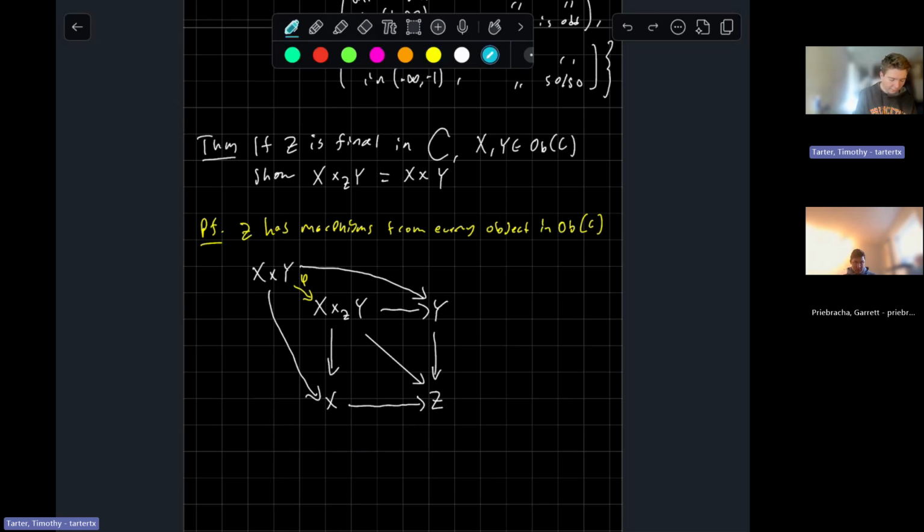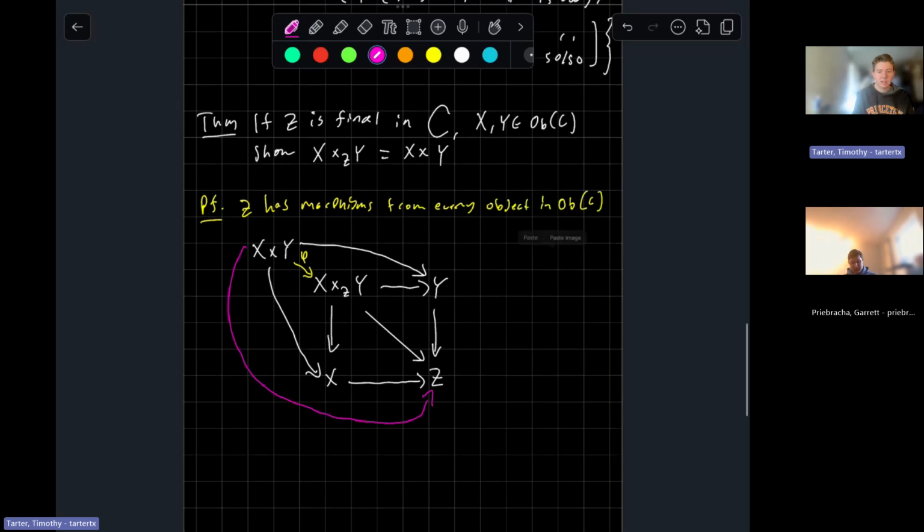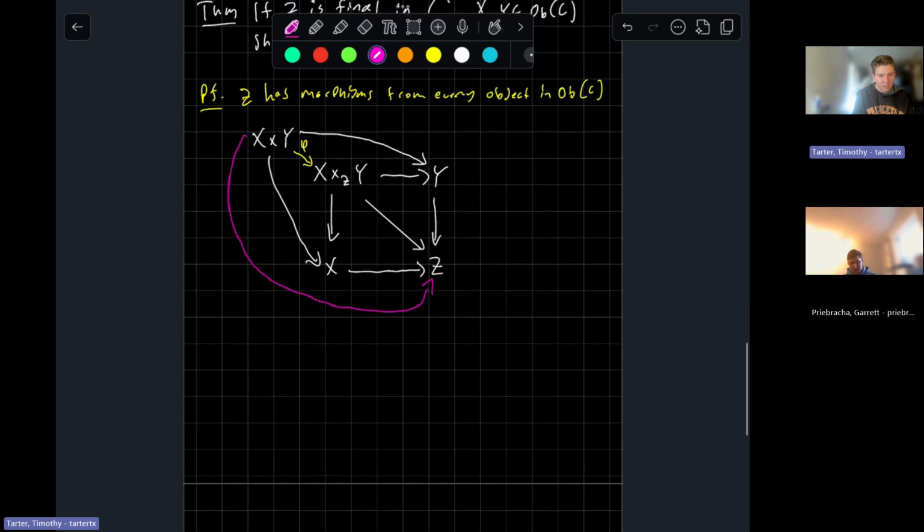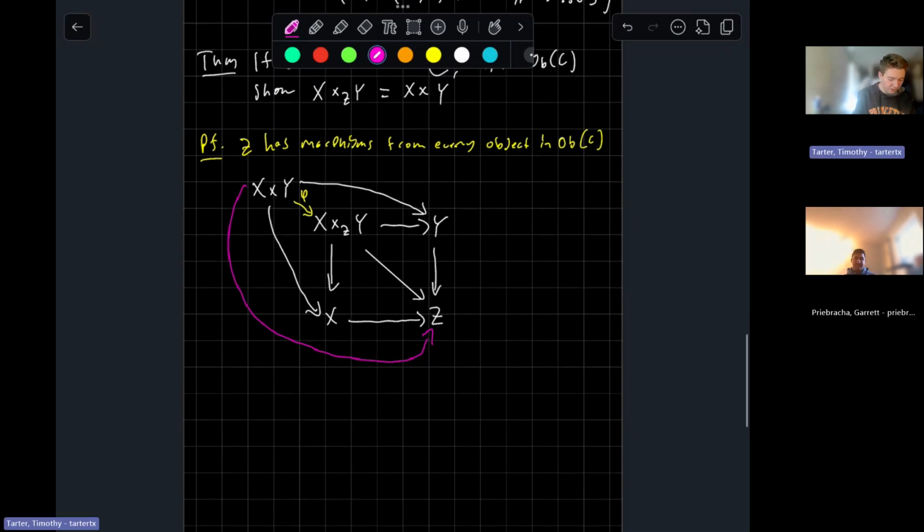And then the thing that is different about this diagram is that we actually do have a morphism from the product straight into Z. And so what we want to show is that this induced map in pink, which we're going to call psi, and then just labeling everything F1, F2, beta, alpha, pi x, pi y, and delta.